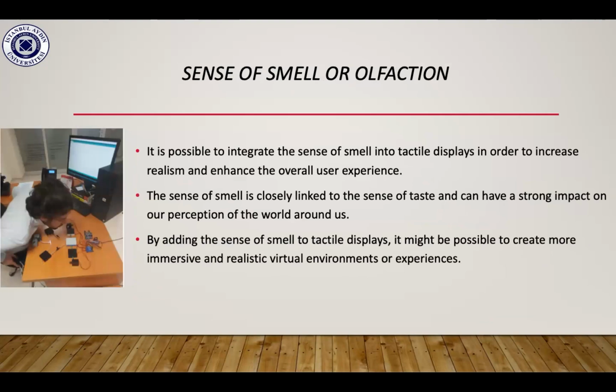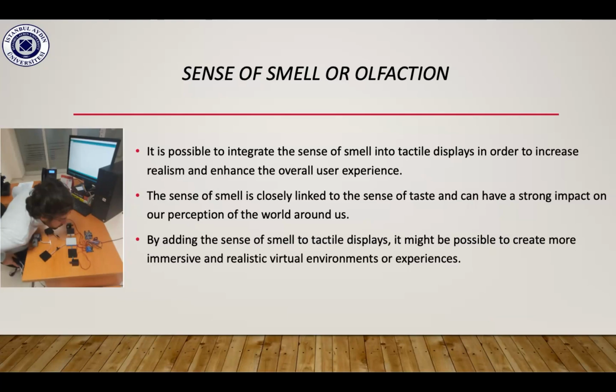Now, the sense of smell, or olfaction. As you see here in my picture, I smell perfume. It's possible to integrate the sense of smell into tactile display in order to increase realism and enhance the overall user's experience. The sense of smell is closely linked to the sense of taste and can have a strong impact on our perception of the world around us.